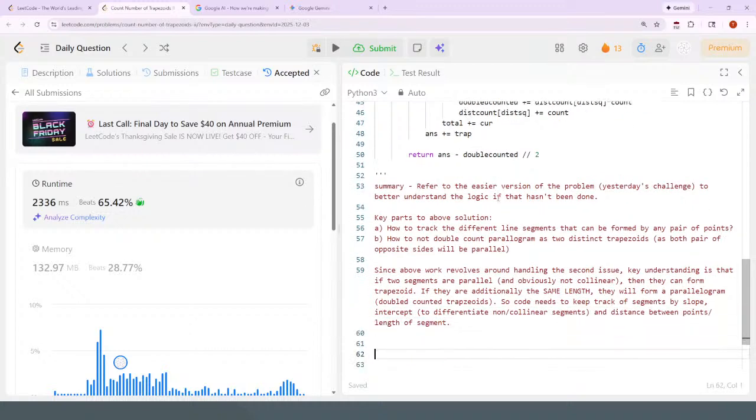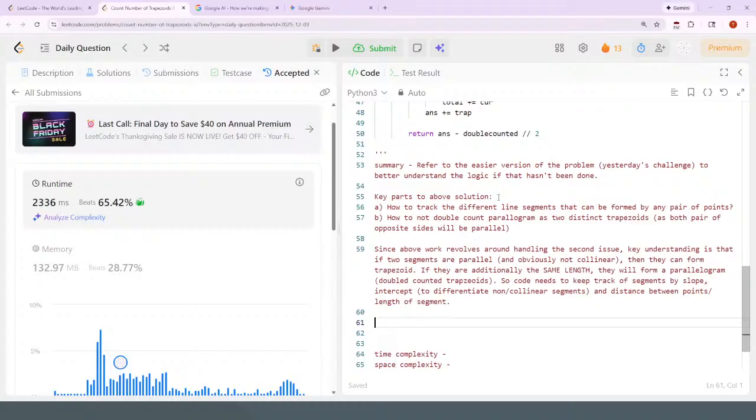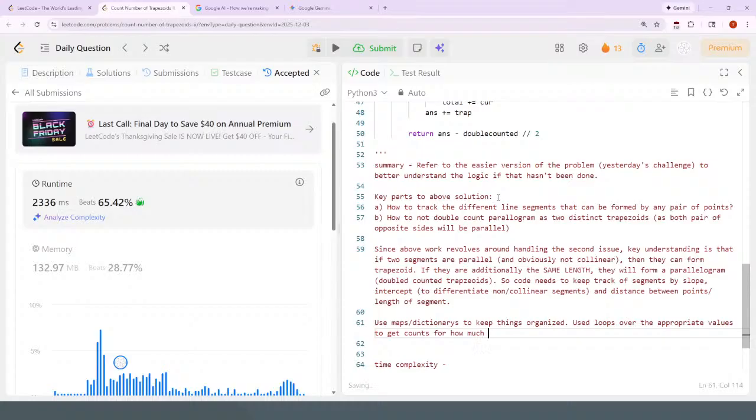Okay. So I'm going to say, in a very broad sense, I used maps and dictionaries to keep things organized. Used loops over the appropriate values to get counts for how many of each thing we're dealing with, how many combinations and double countings are occurring.